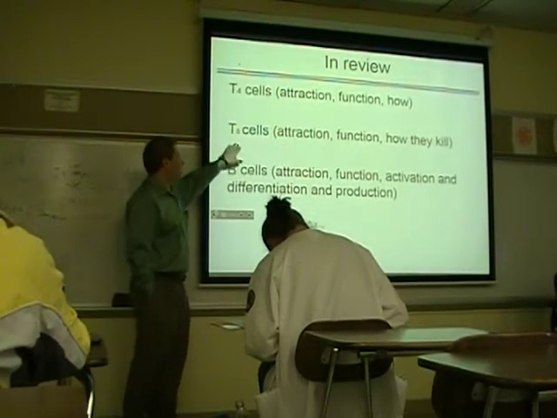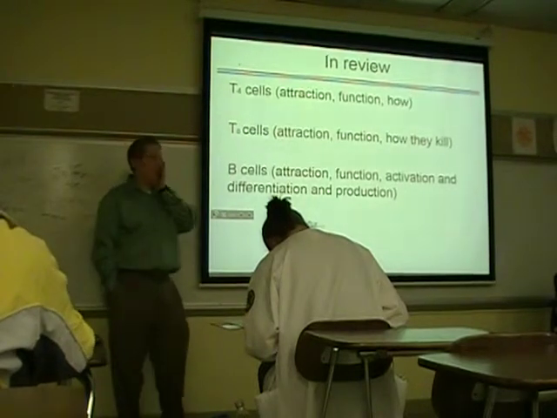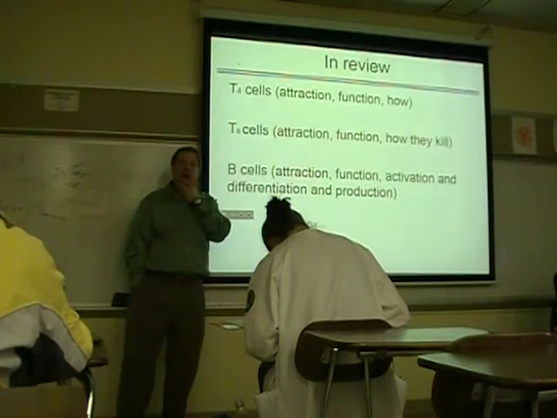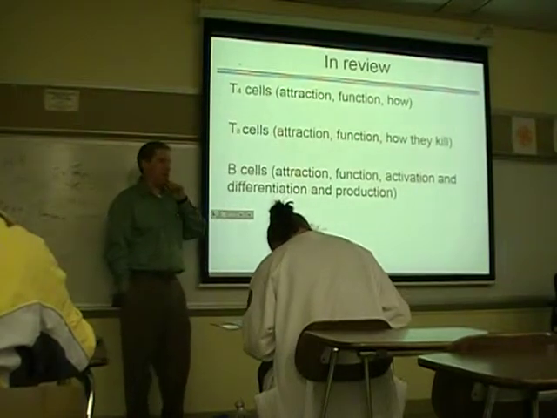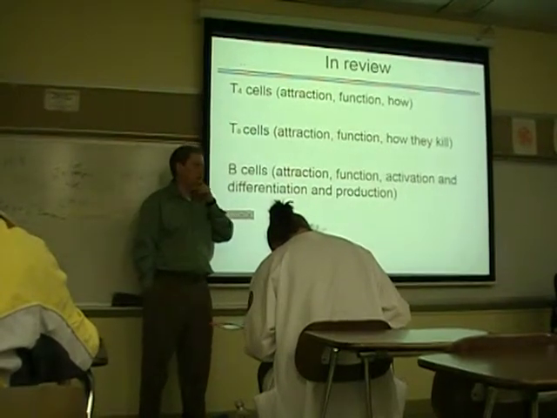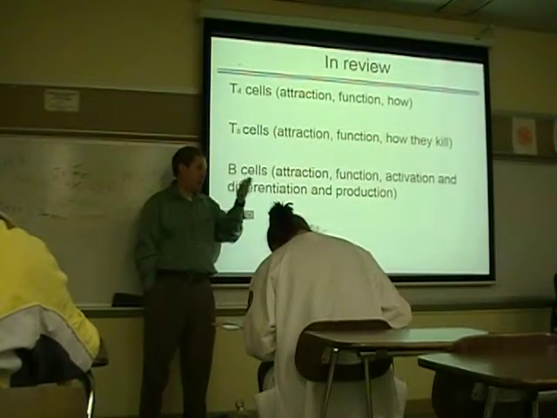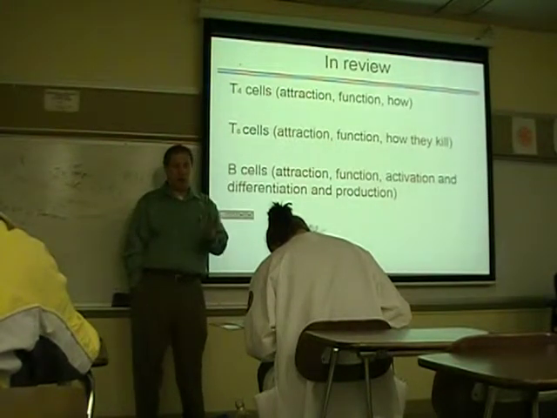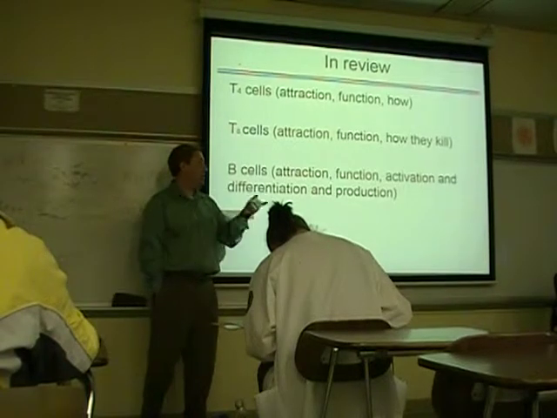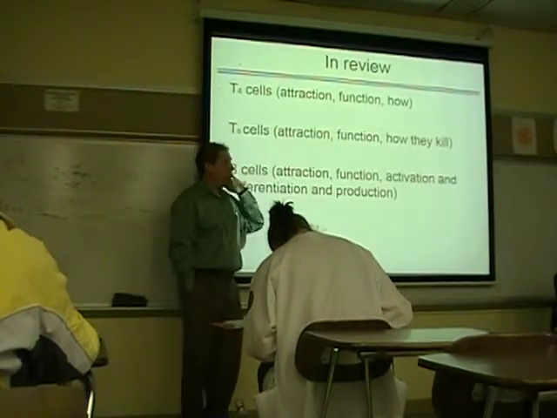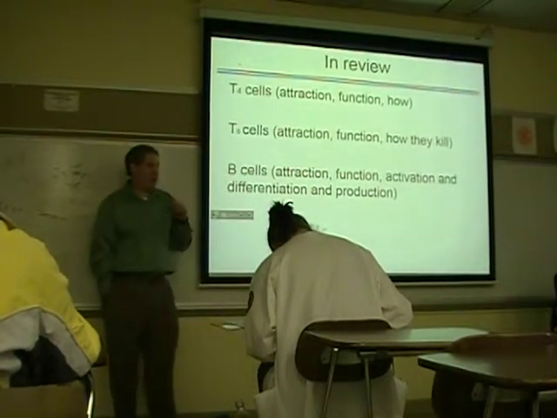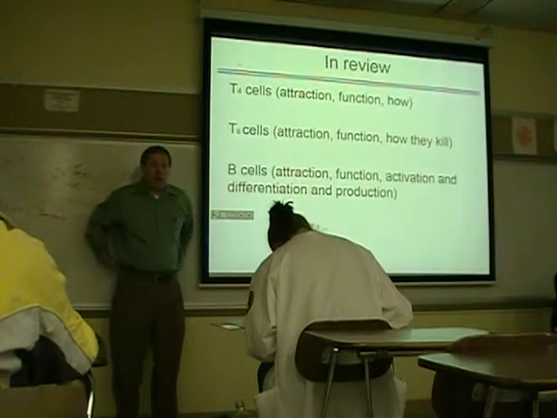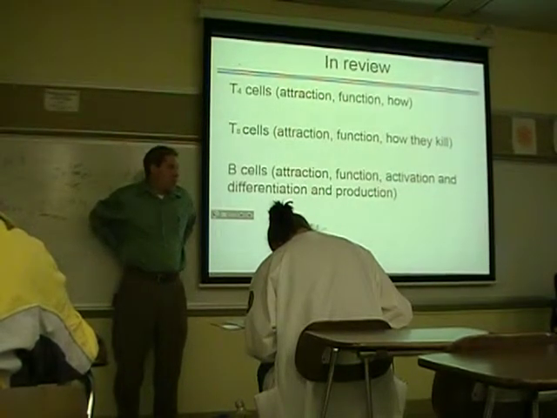T8 cells, what are they attracted to? What class? Yes, class 1, and then what kind of antigen would they be? Endogenous, right? Endogenous antigens, something that's produced within the cell, like an abnormal protein from a viral infected cell. What is the function of T8 cells?